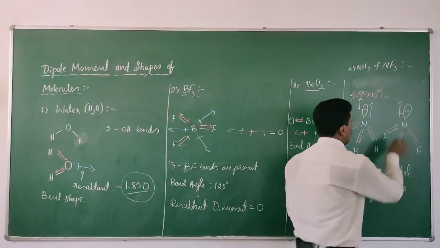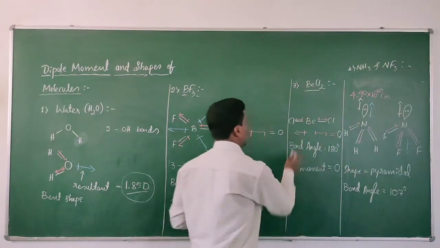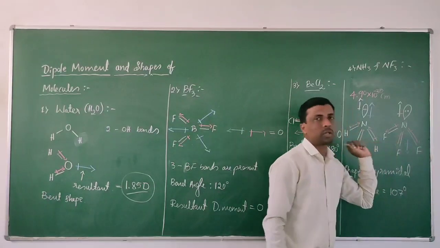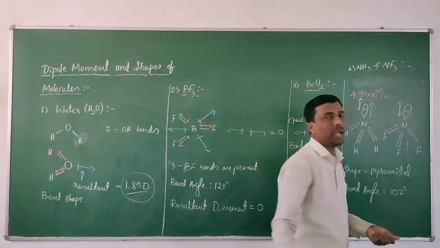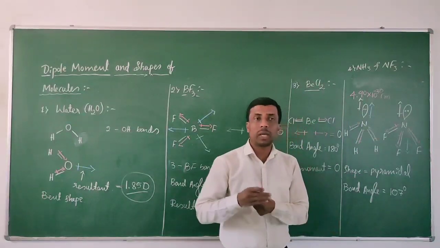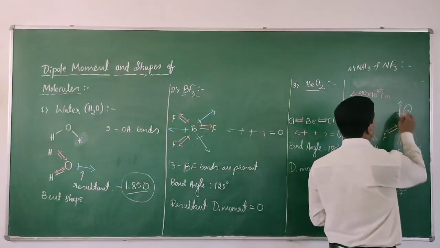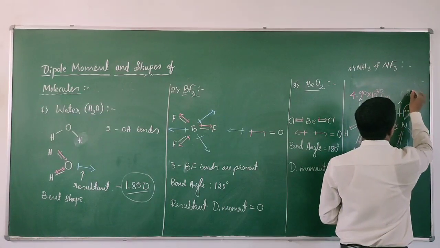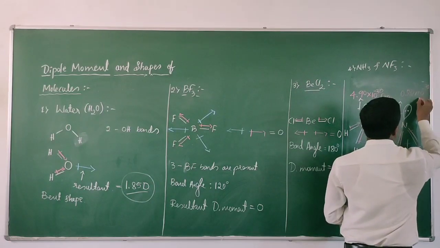Now, these are not equal and opposite. Therefore, these two cannot be added and these two cannot be completely subtracted also. Therefore, we have got the dipole moment in case of NF3 molecule as 0.80 into 10 raised to minus 30 coulomb meter.